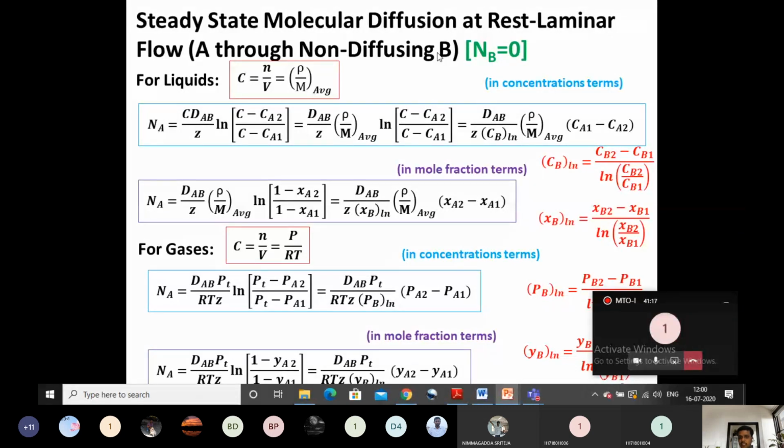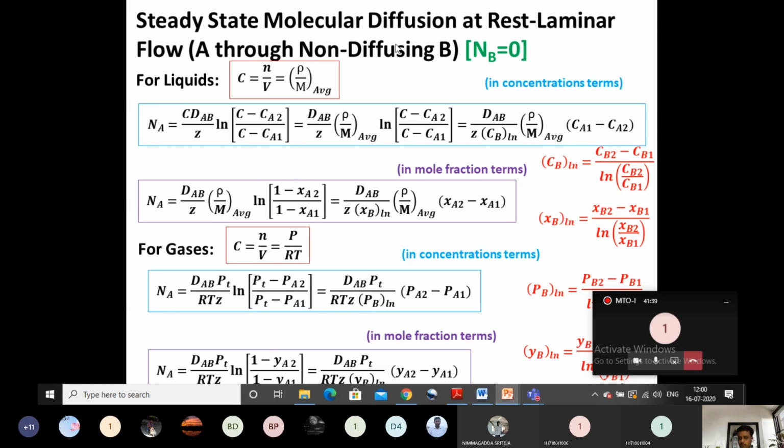So here A is diffusing. If you consider A as ammonia and B as air, only ammonia is getting transferred into the water. So we consider A is diffusing, but B, which is air, is not diffusing at all. That is the case of A through non-diffusing B.